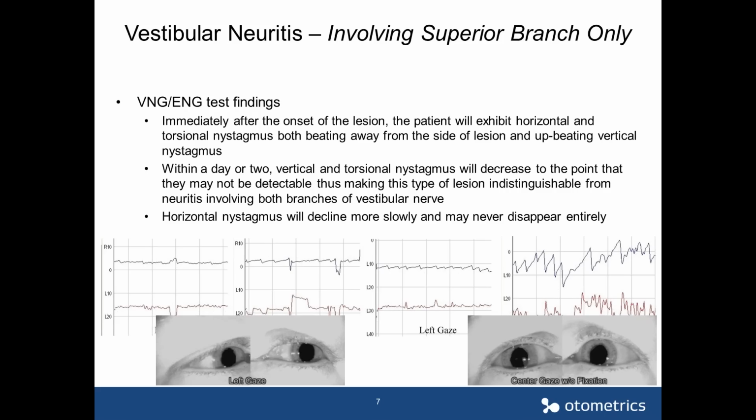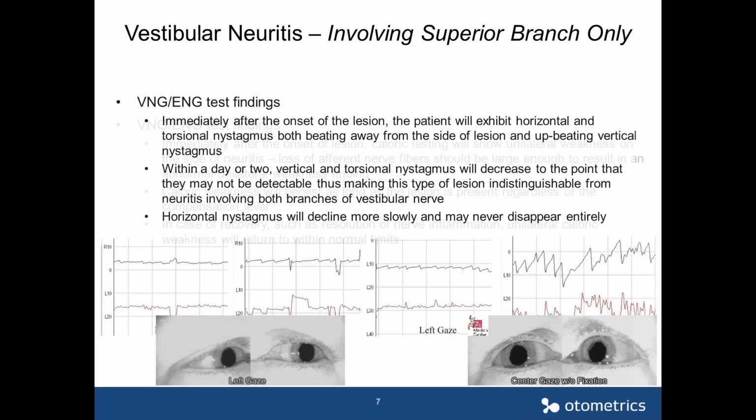As a result, this type of nystagmus becomes indistinguishable from the type of neuritis that involves both branches. Horizontal nystagmus has a much slower time course and may never completely disappear, so you might get a residual 2 or 3 degrees of nystagmus even after the patient has symptom-wise recovered.